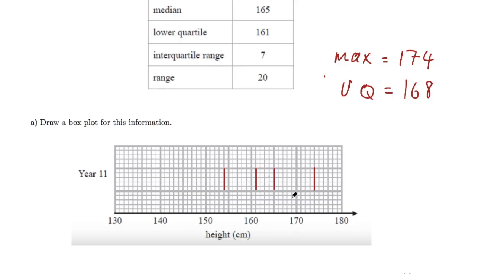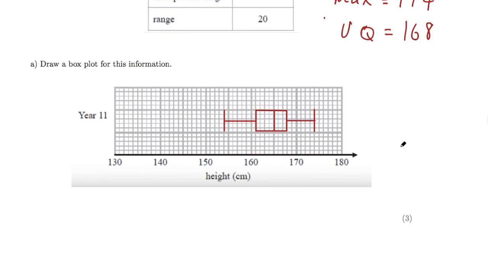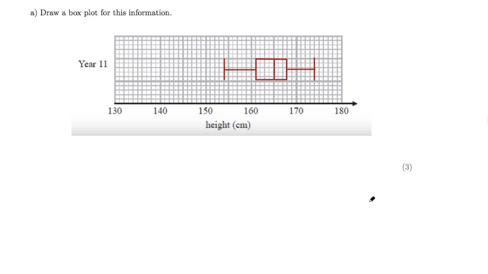And the upper quartile 168. And there are all the values that we need for a box plot. So once you've drawn in all of the lines, draw in the box and the whiskers, and you are done. There's no need to label anything. Just draw the box plot and you're done. Okay, so there's 3 marks for you.